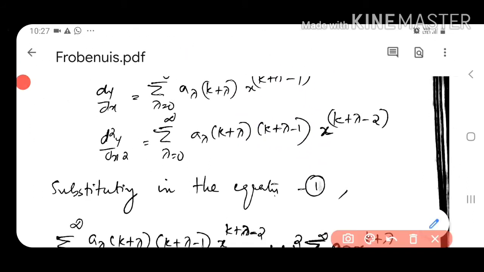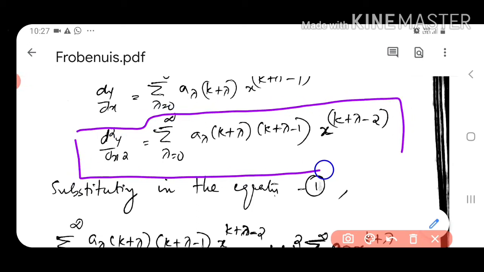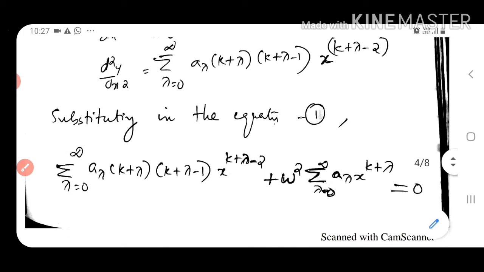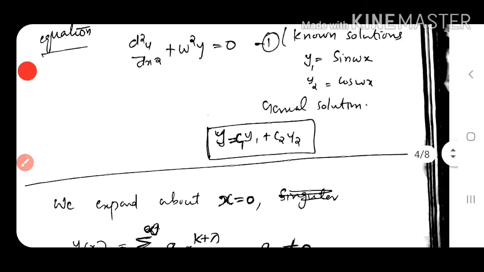And d square y by dx square is given by a lambda times k plus lambda times k plus lambda minus 1 times x raised to k plus lambda minus 2. Now we substitute this in equation 1.